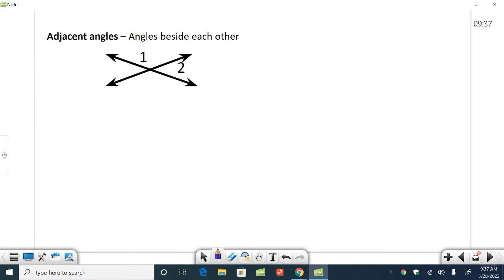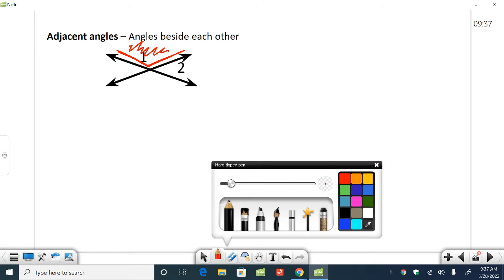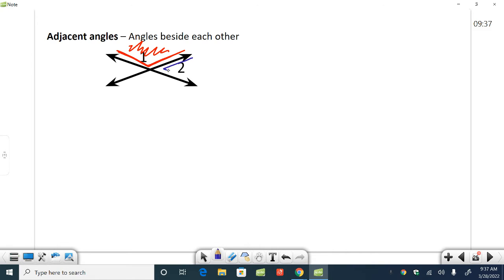All right, the next one was adjacent angles. Adjacent angles are two angles that share the vertex and are side by side, no matter where they are. You're going to get one color and highlight angle 1, and you can color it in. And angle 2, is angle 2 the same measurement? No. It could be, but in this case it's not.